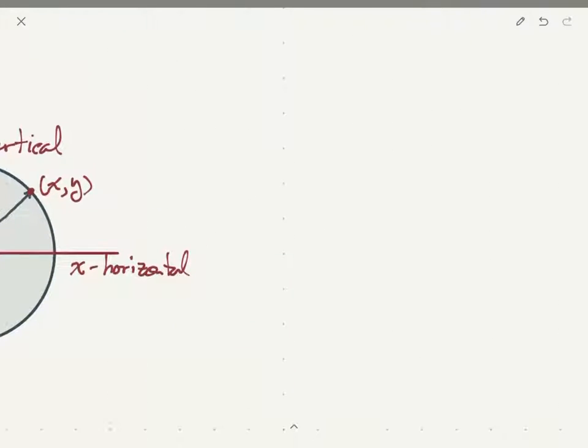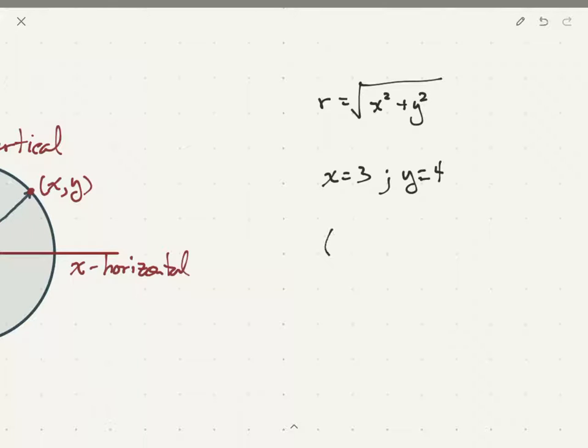So not to make it too much of a long story, you just have R is equal to the square root of X squared plus Y squared. So what is an example? An example is if X is equal to 3 and Y is equal to 4. We could also write it as (X, Y) equals (3, 4).